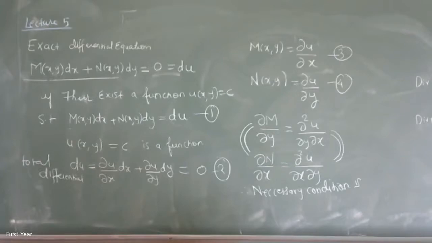If this necessary condition is not satisfied, that means they are different, and the differential equation is not exact. Therefore, whatever we are going to see now is not the method to solve it; we'll see other methods for that. But if ∂M/∂y is equal to ∂N/∂x, then the differential equation will be exact, and we will find the solution by that particular method.